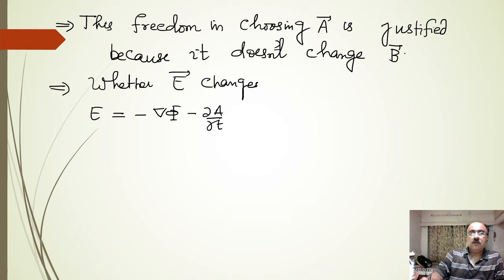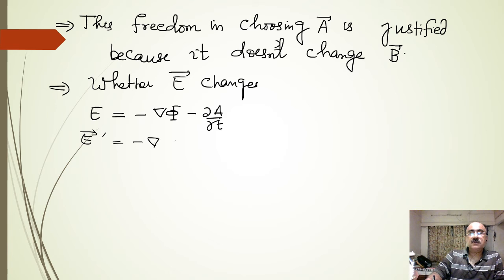Now let us change A to A dash and see what effect it has on the value of E. If it comes out to be the same quantity as written here, then it is well.